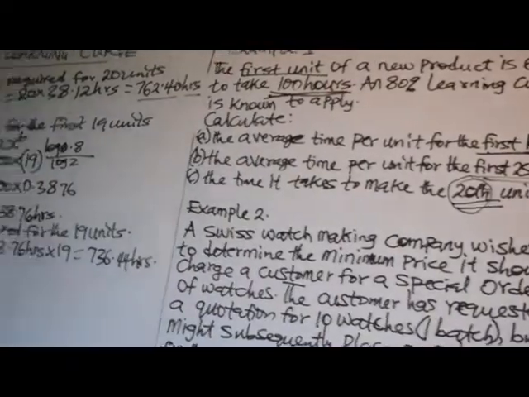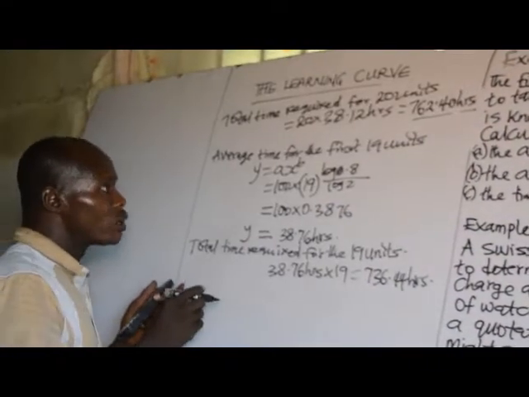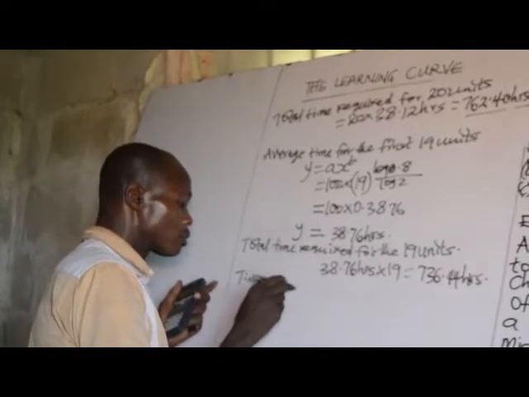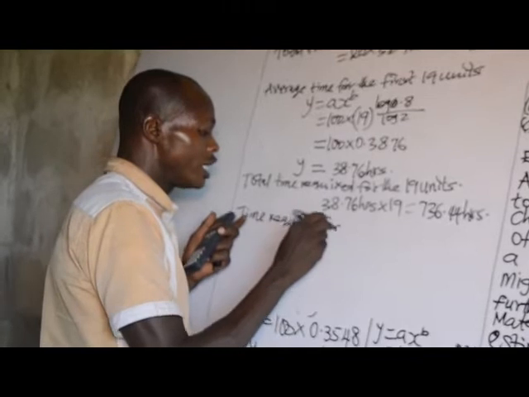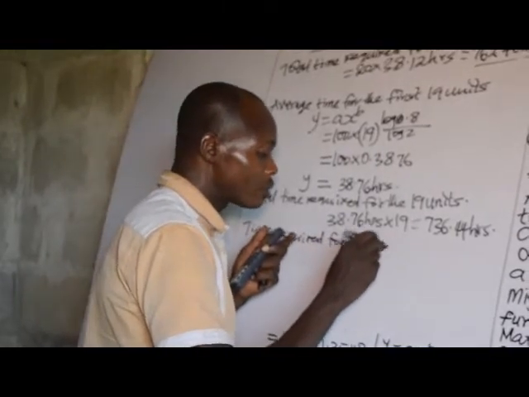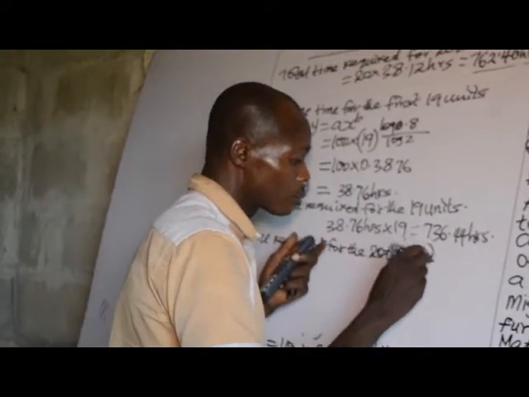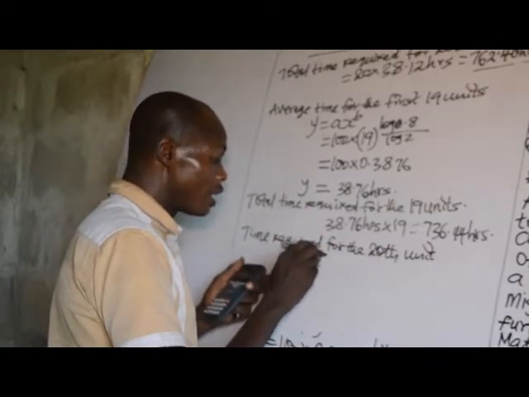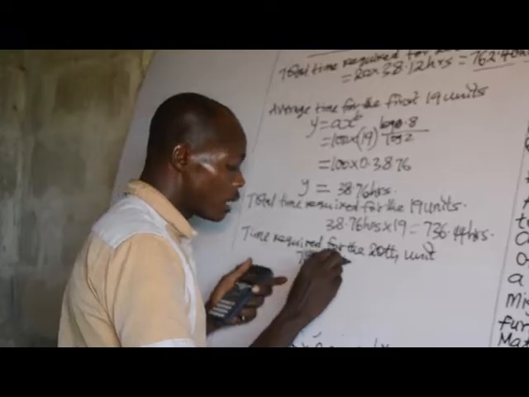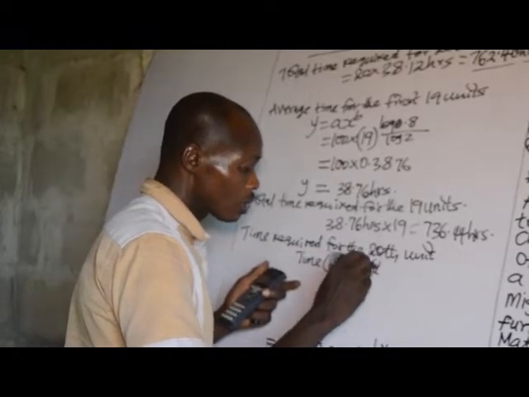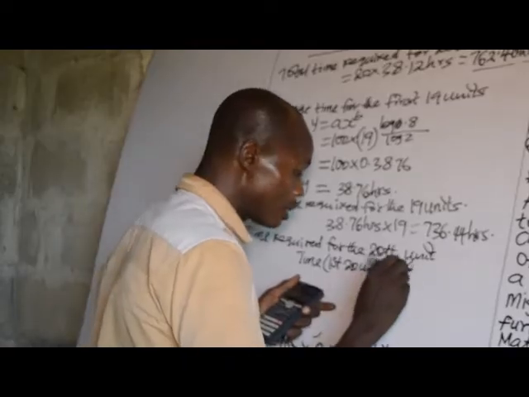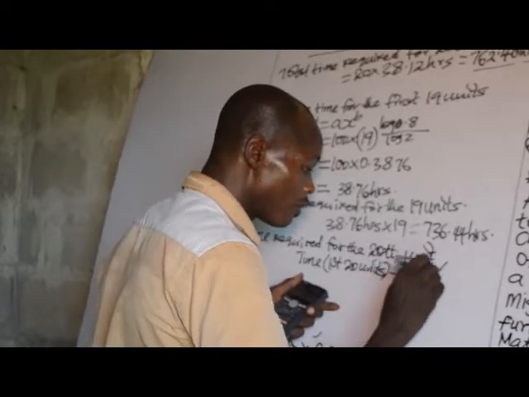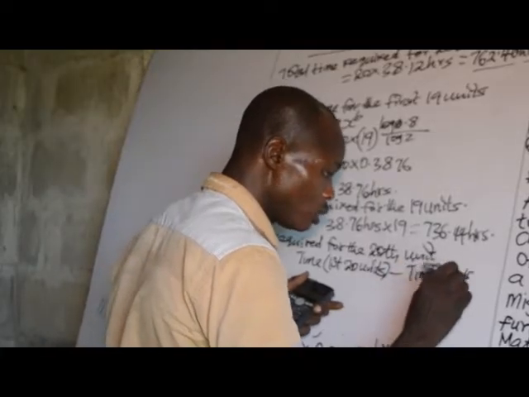The time required for the 20th unit is the time required for the first 20 units minus the time required to make the first 19 units.